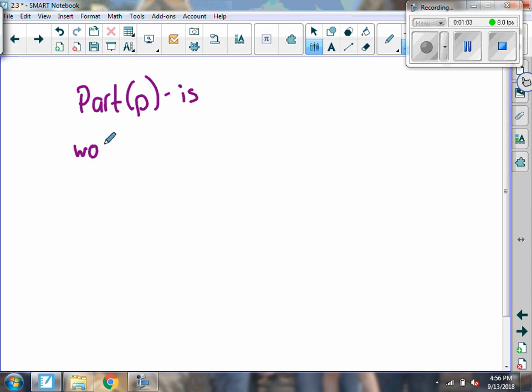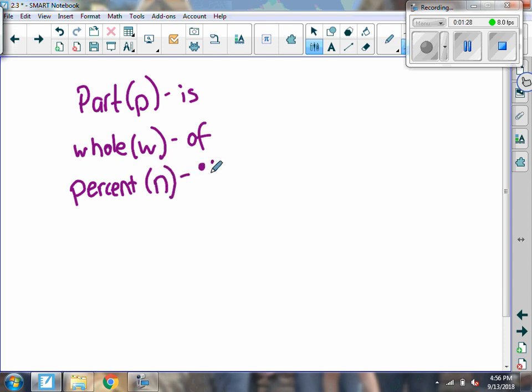Our whole, our abbreviation for that is W, and our keyword for that is "of." And then we have our percent. Our letter that we use to represent that is N, and our keyword for that is actually the percent sign. So anytime you see the percent sign, it's going to be the percent.